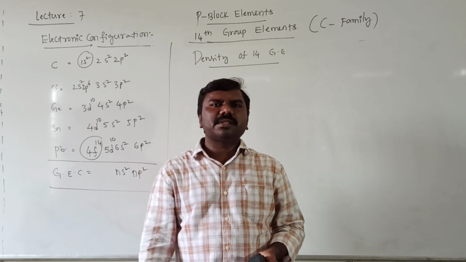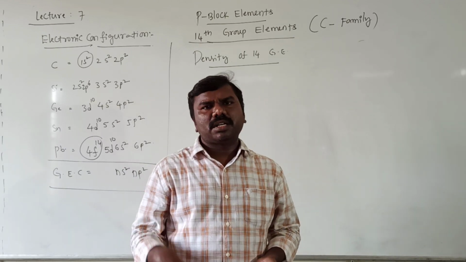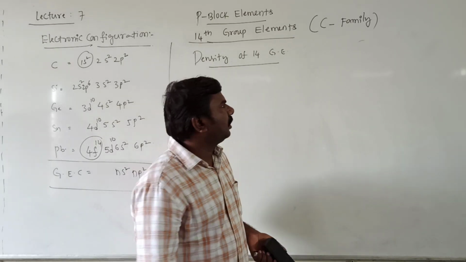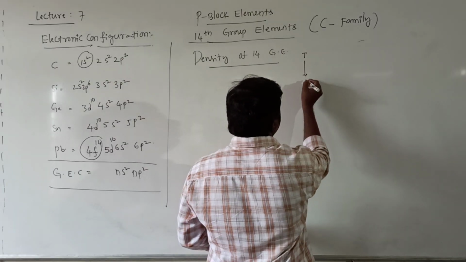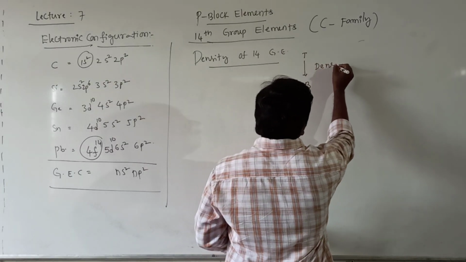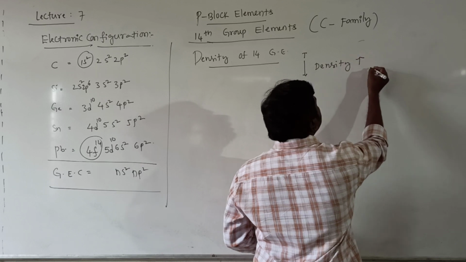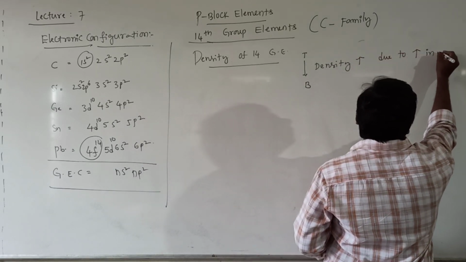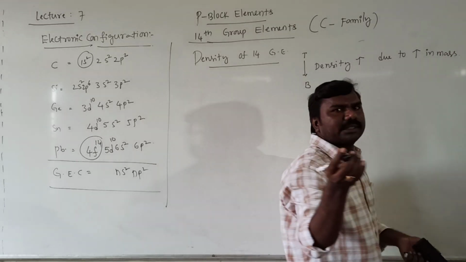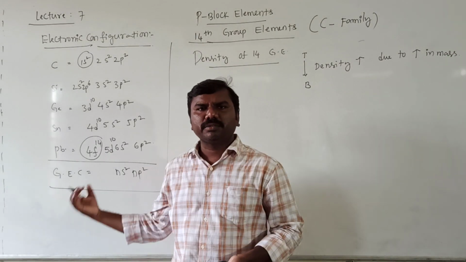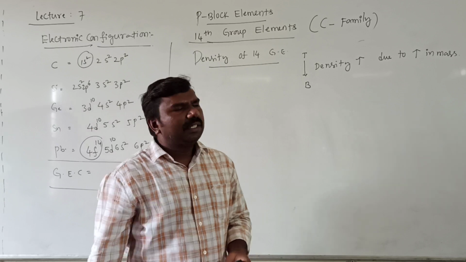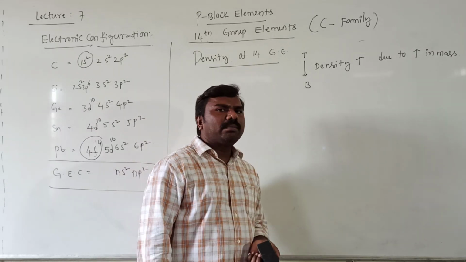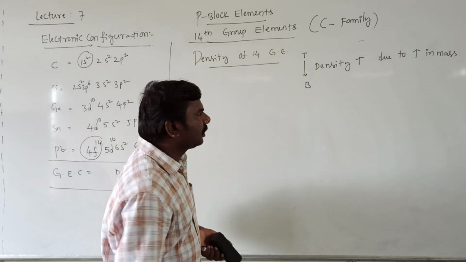Top to bottom mass number will increase. That's why density also increases. Top to bottom density will increase because of increasing mass. Molar mass gradually increases, carbon 12, last one lead 252. Because of that reason, mass increases, density also increases.